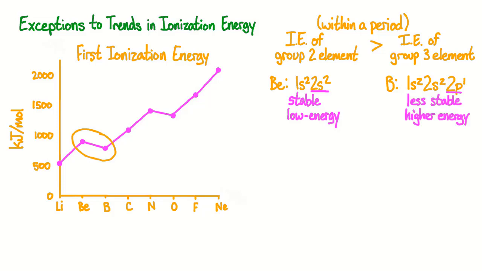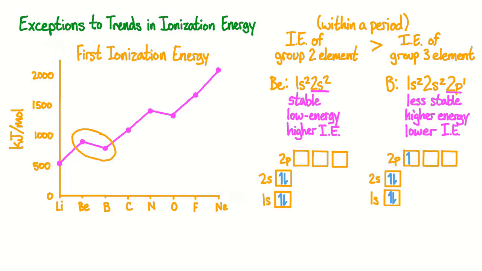Having full orbitals adds stability, so having an extra electron that doesn't fill the orbital is a less stable, higher energy arrangement. It takes more energy to remove an electron from a stable configuration than from an unstable configuration, so beryllium has a higher ionization energy than boron.